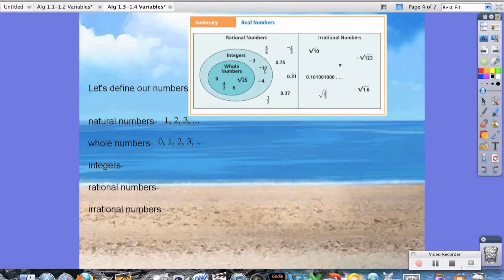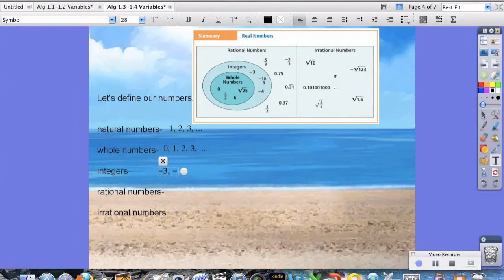Integers are just like whole numbers, but they include negatives as well. So -3, -2, -1, 0, 1, 2, 3, etc. And the integers go negatively as well.